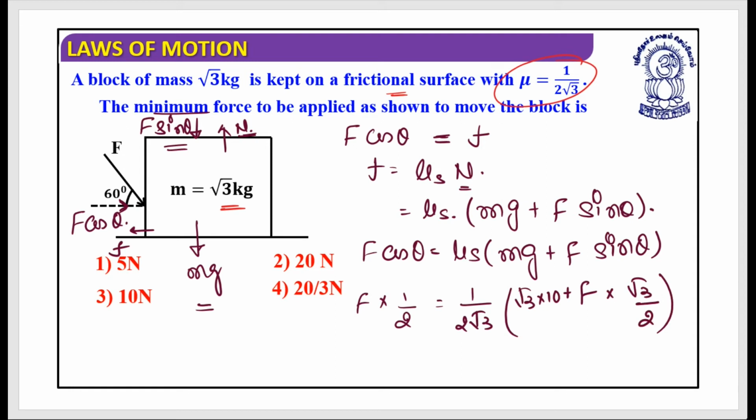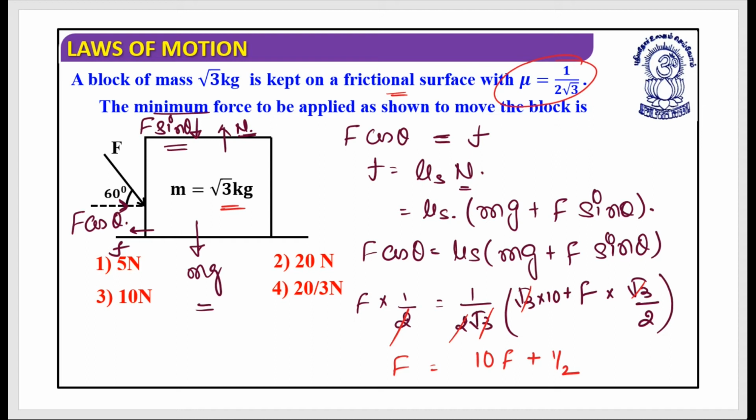So if you try to solve this, root 3 and root 3 have gone, it's a 2, and this 2 has gone. So this F is equals to, here the terms that remain are 10 plus F by 2. I hope this is clear. Is it clear? Yes. From this, you need to solve this.